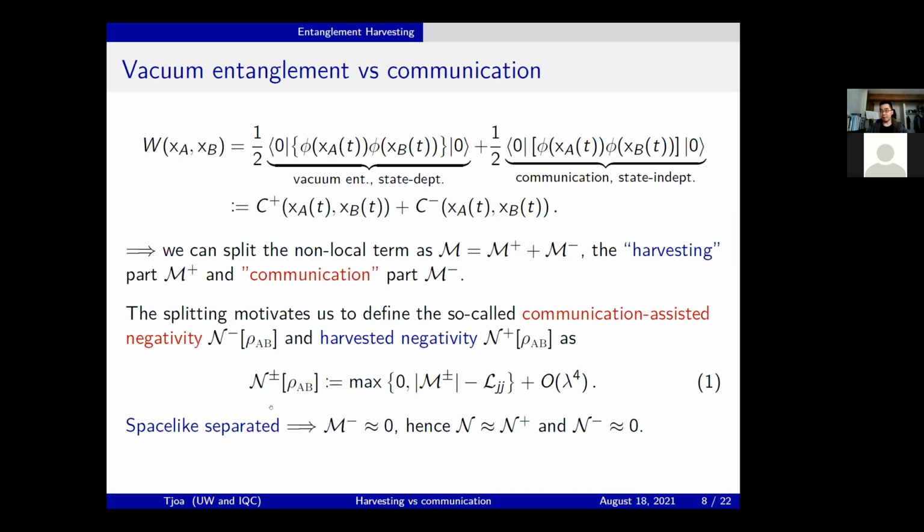So we will simply apply negativity to just the M plus or M minus and ask ourselves what the outcome is. The intuition behind this is that for space-like separated detectors, our argument says that M minus should be basically 0, and therefore all negativity must come from the harvested negativity. Or alternatively, the communication-assisted negativity is basically 0.